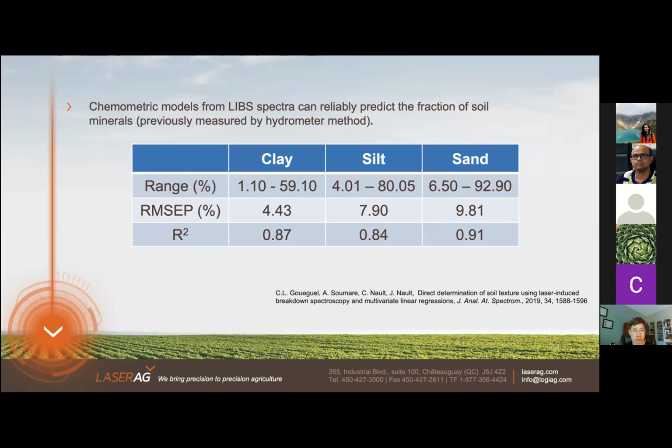We have used different chemometrics algorithms for that: PLS, ElasticNet, and different ones, mostly linear algorithms. We can see that for the clay, silt, and sand, we have a good prediction.